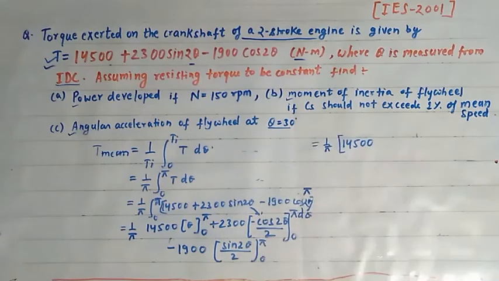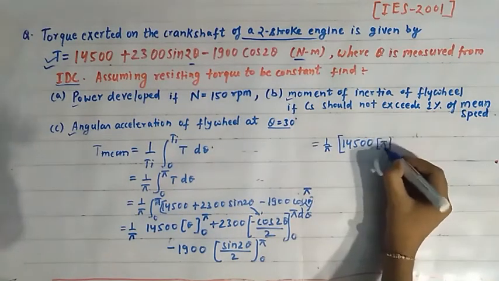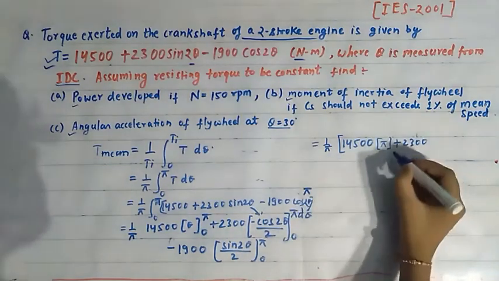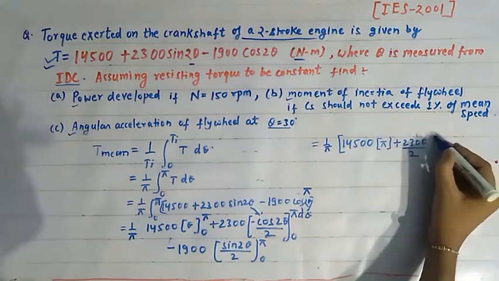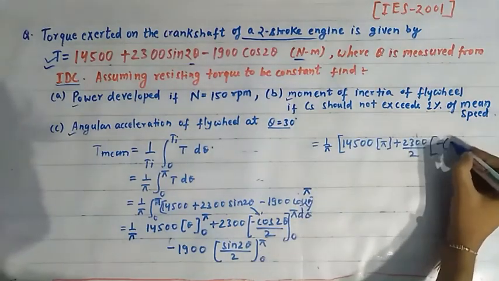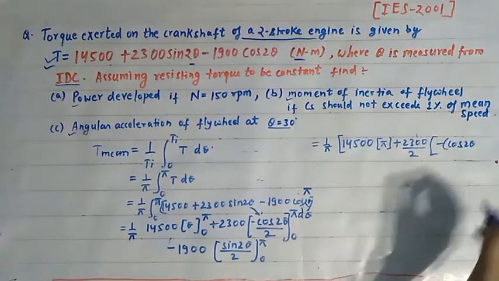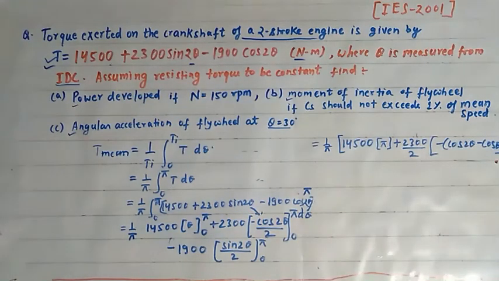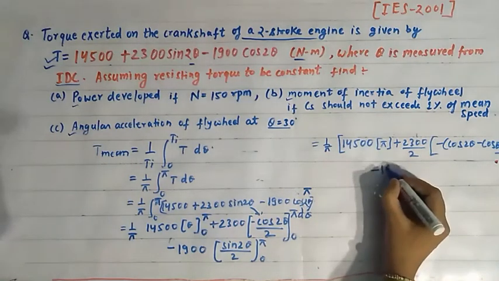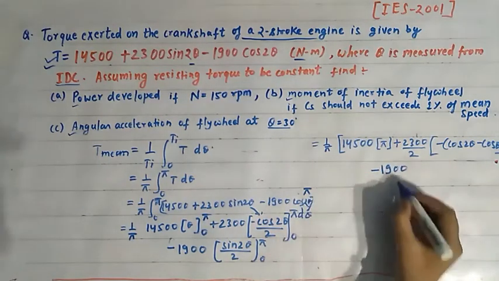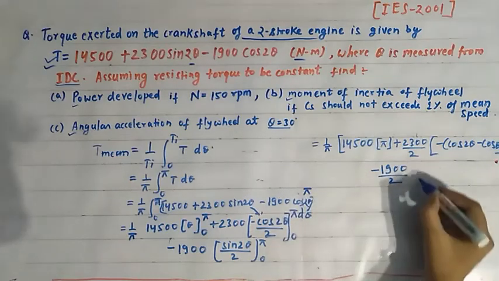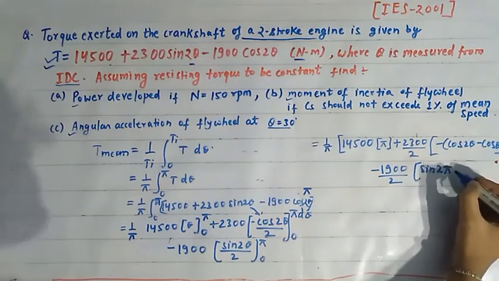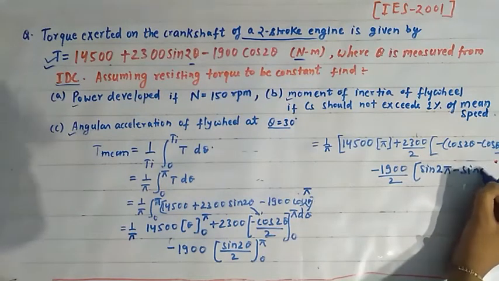14500 pi plus 2300 divided by 2 times minus cos 2 pi minus cos 0, minus 1900 divided by 2 times sine 2 pi minus sine 0.